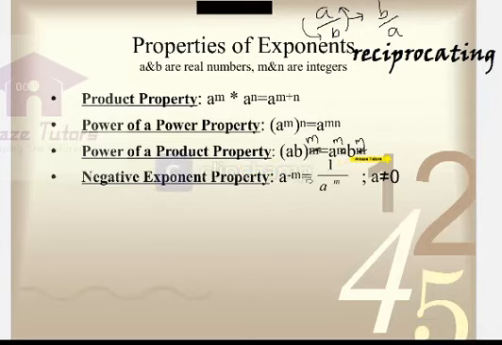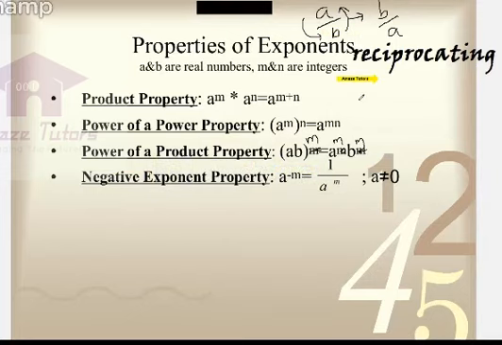One more thing: whenever you are simplifying a question based on exponents, if the final answer is in terms of negatives, don't leave it as a negative exponent. Make sure you do one more step to change it to a positive exponent. Don't forget, because you should not leave the final answer with a negative exponent. So make use of the negative exponent property and change it to positive by simply reciprocating.